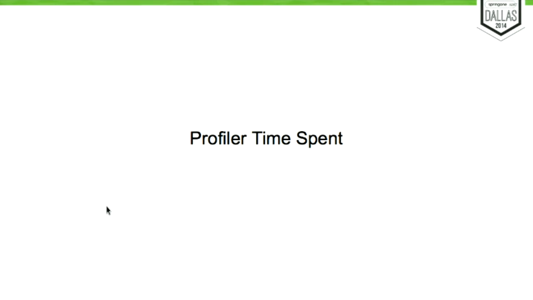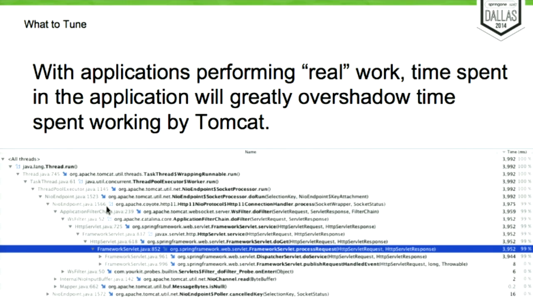So, going back to the profiler, you can get a nice view of the time that's spent in your application by looking at the profiler. And if you can see this, it's just an example of what we were talking about before, where the majority of the time is not spent in Tomcat. This is a very simple Spring application that I pushed here. I threw a small amount of load at it with JMeter, and I watched it in the profiler.